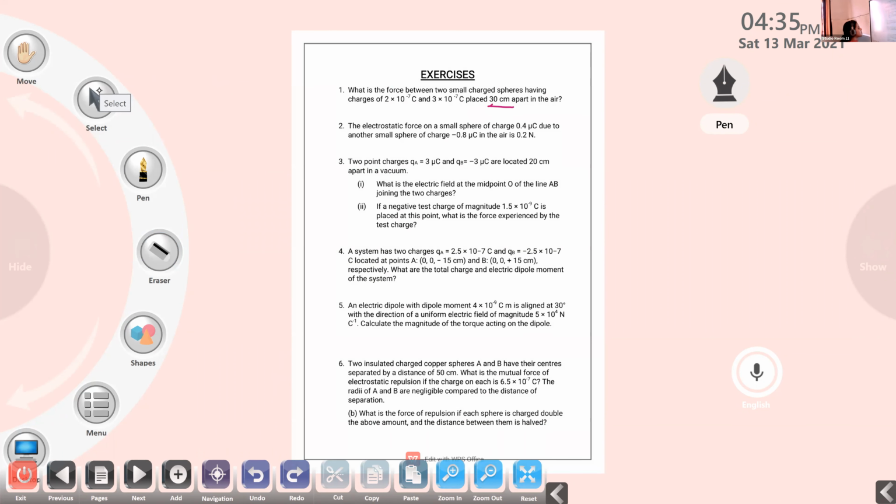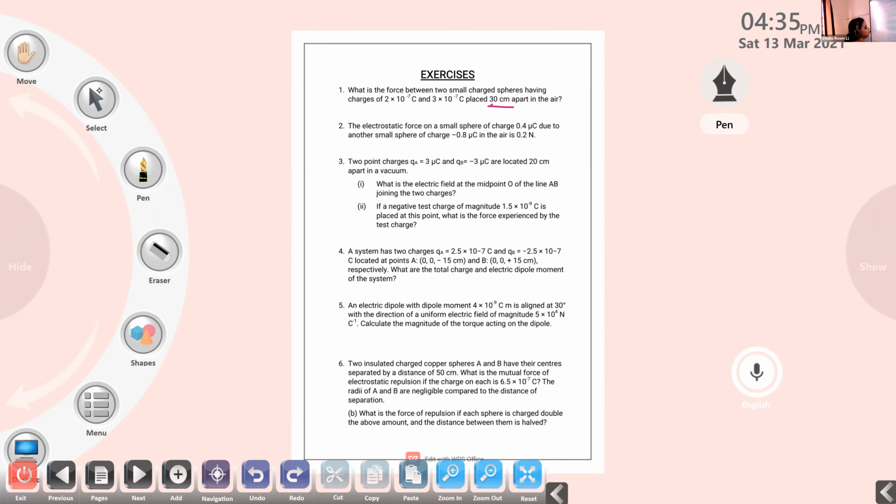So this is the second question. The electrostatic force on a small sphere of charge 0.4 microcoulomb due to another small sphere of charge minus 0.8 microcoulomb in air is 0.2 Newton. What is the question remaining? What is the distance between the two spheres?